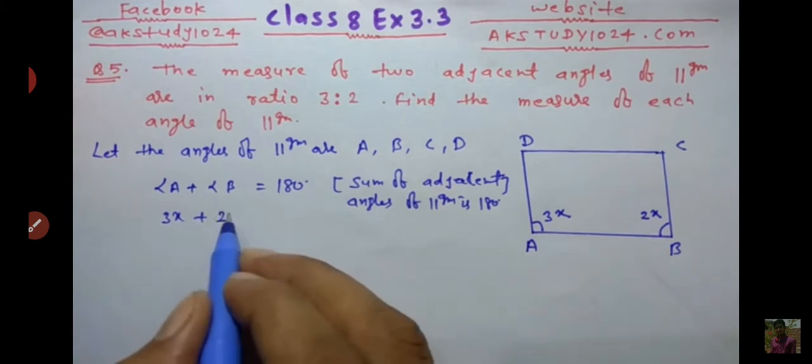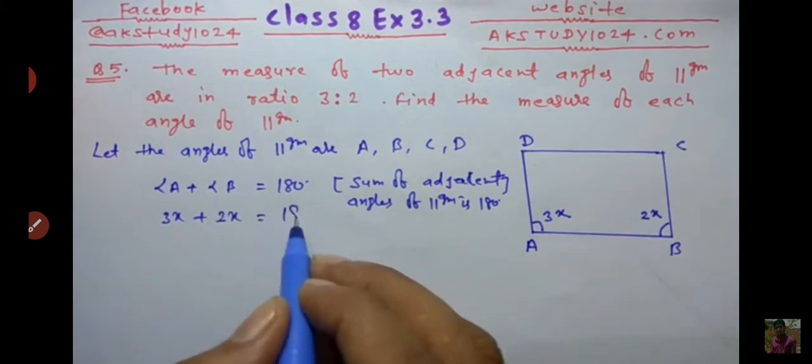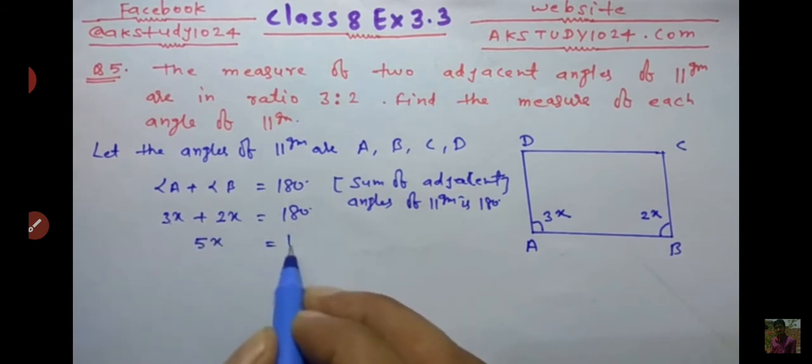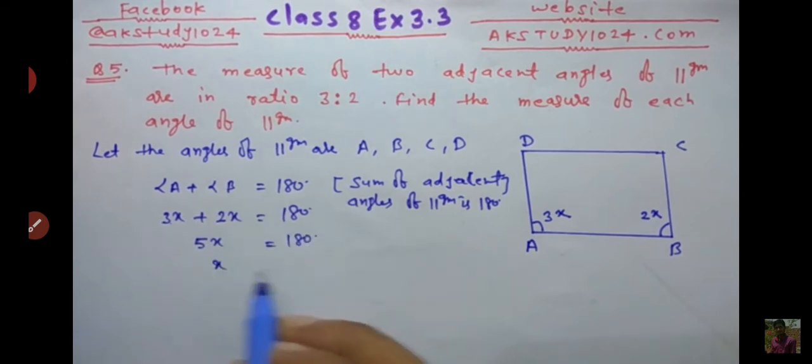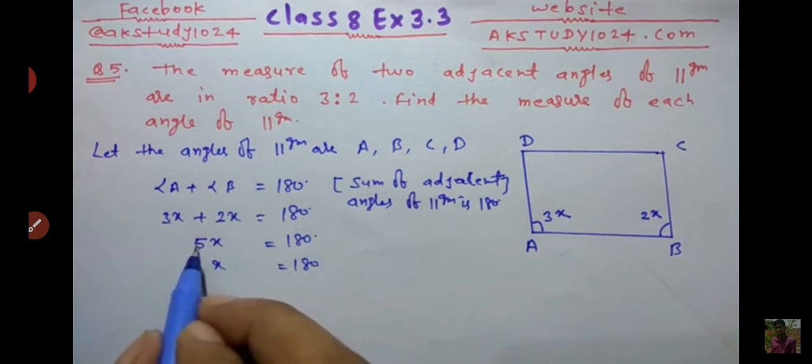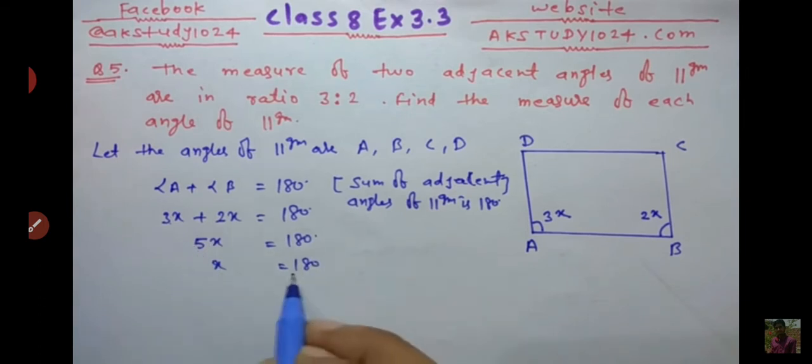3x plus 2x is equal to 180. Then 5x is equal to 180. So x is equal to 180 upon 5. Since 5 is in multiplication, when it is transposed it becomes division.